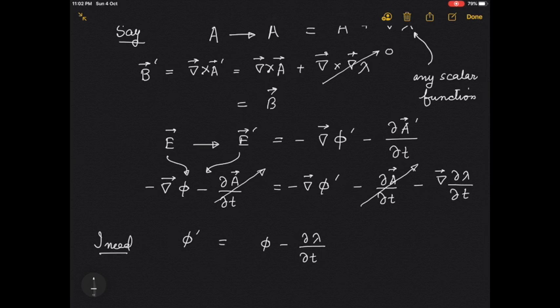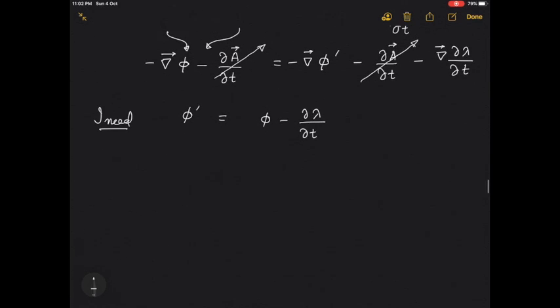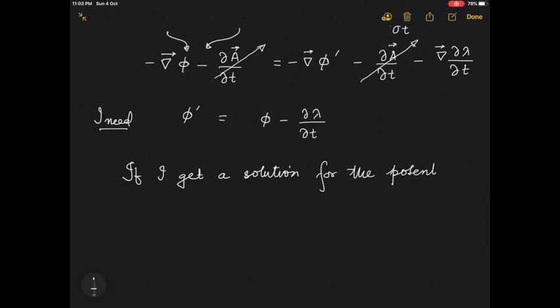So if I change A and phi together, so if I get a solution for the potential, say the solutions are A and phi.